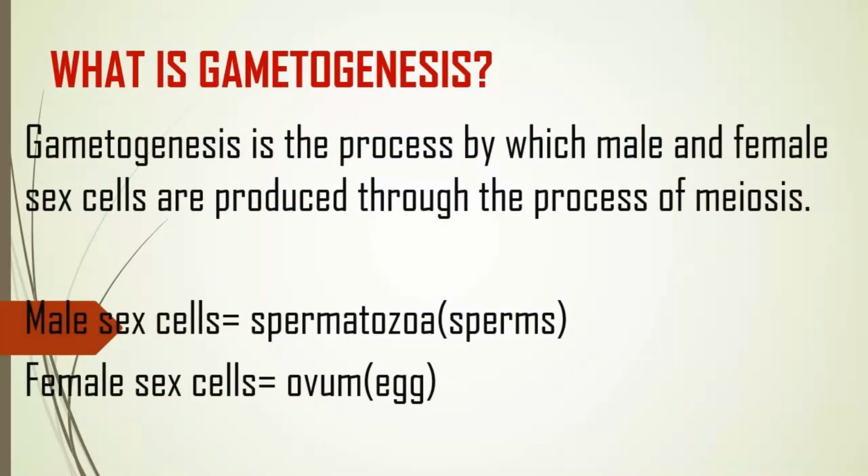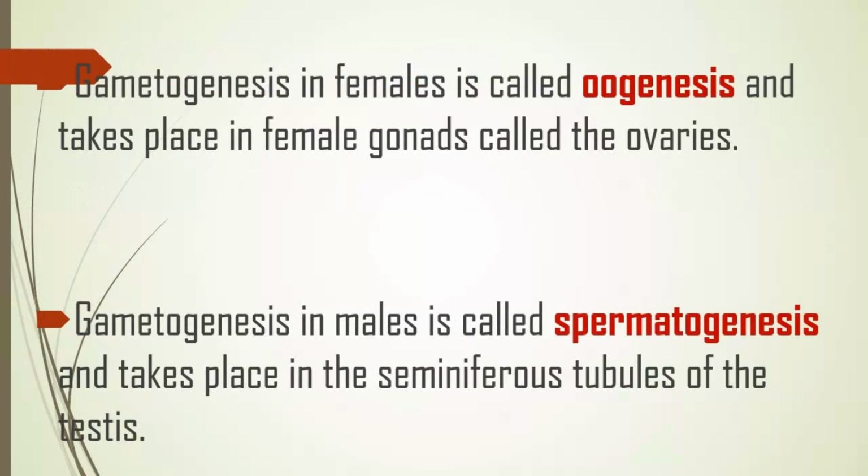What is gametogenesis? Gametogenesis is simply the process by which male and female sex cells are produced through the process of meiosis. Now, the male sex cells are called spermatozoa. They're commonly known as sperms. The female sex cells are referred to as the ovum, sometimes called the egg.